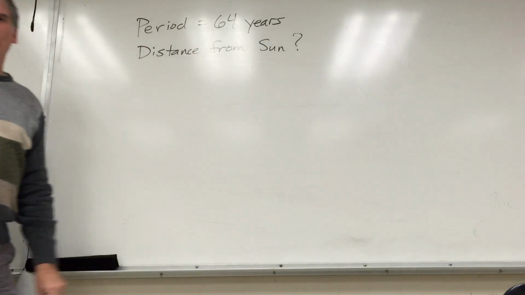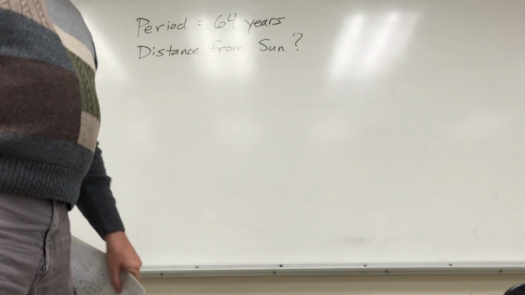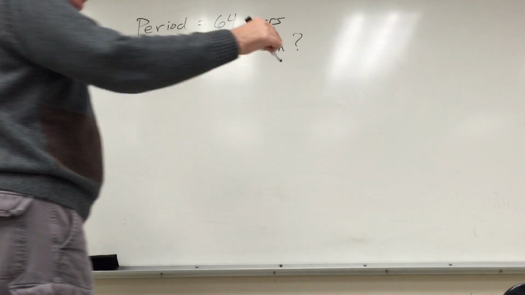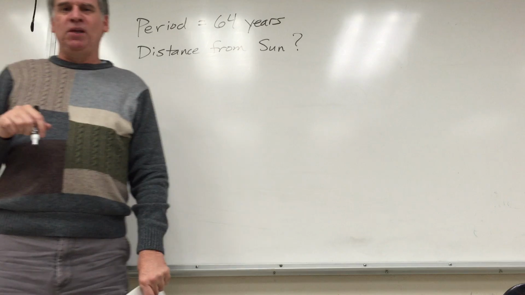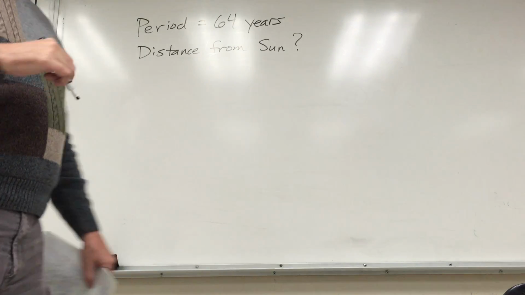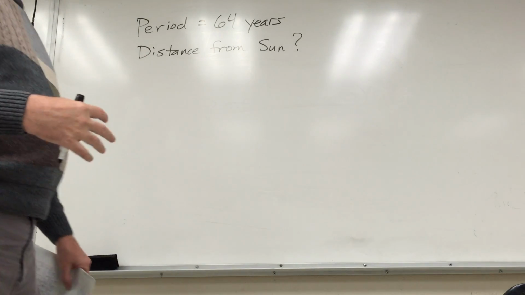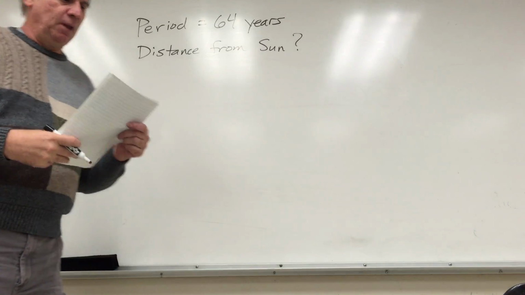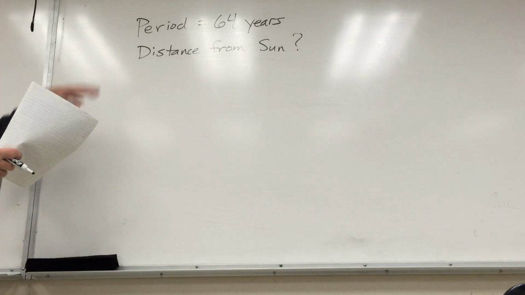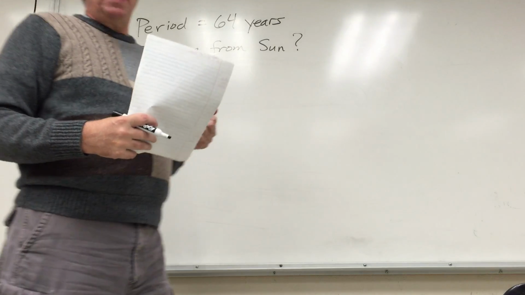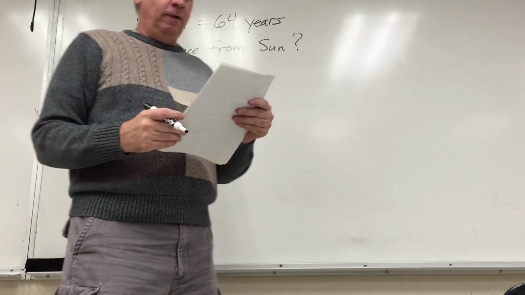At first it looks hopeless, since just knowing how long it takes to go around might not seem to give any clue to how far the planet is from the Sun, but those two are connected by Kepler's third law.